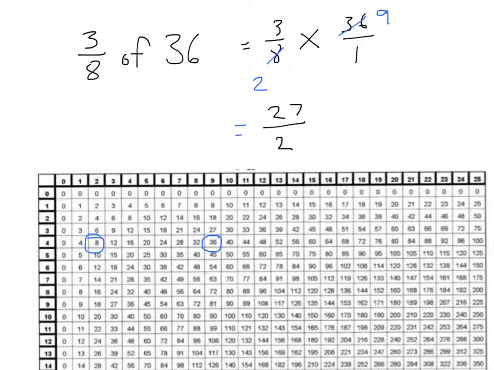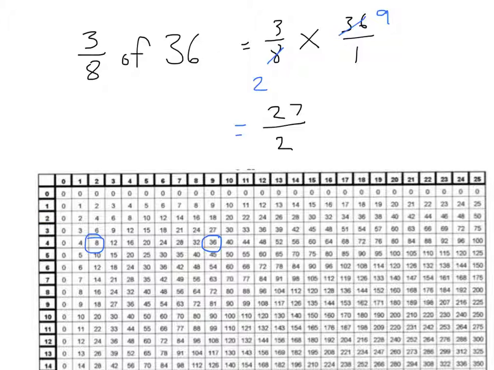Okay, so let's go ahead and change this improper fraction to a mixed number. So we need to find out how many groups of 2 are able to go into the number 27. Now we know that we can't go into the number 27 equally. Why? Because if you look at the multiples of 2, there is no number 27 in the multiples of 2.